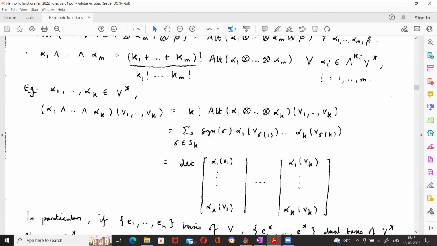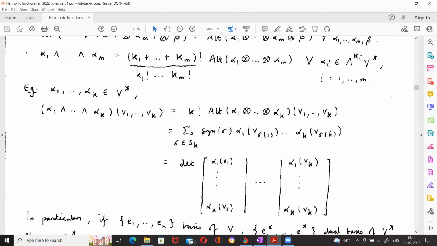Now, what is alt of this applied to v1 to vk? Remember, alt is an average, so there's a 1 over k factorial in alt. That 1 over k factorial will cancel with this k factorial here. And then I'll just get a sum over the symmetric group, sum over sigma in S_k, of sign of sigma times alpha 1 tensor alpha k applied to v sigma 1 to v sigma k. So that's going to be alpha 1 of v sigma 1 dot dot dot alpha k of v sigma k.